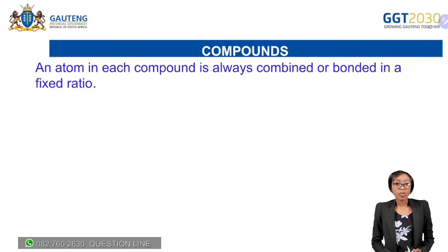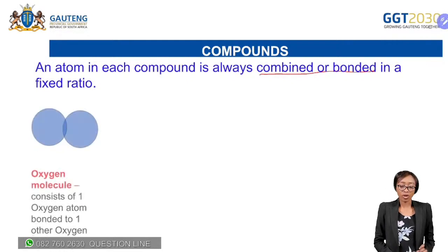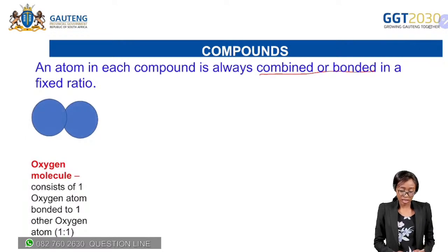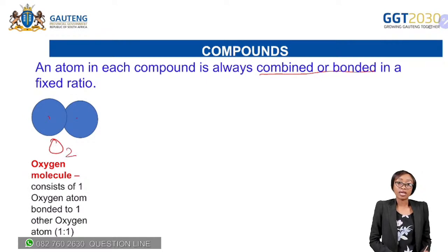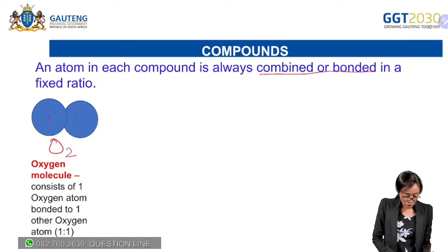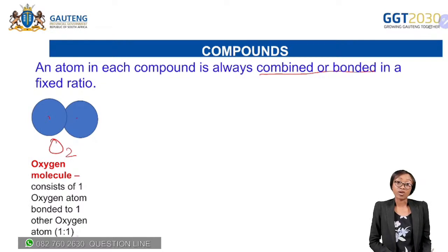An atom in each compound is always combined or bonded in a fixed ratio. What do I mean? Let's look at this oxygen molecule. We said an oxygen molecule has 2 oxygen atoms. This is how we write the chemical formula. So it consists of an oxygen atom bonded to another oxygen atom.